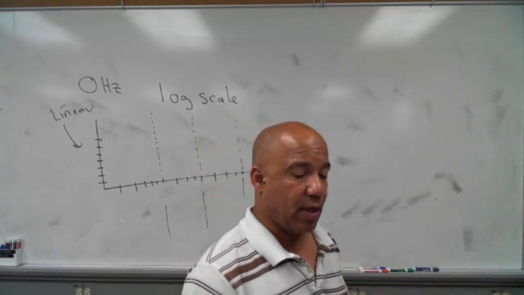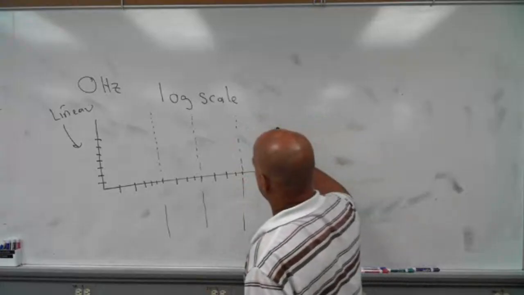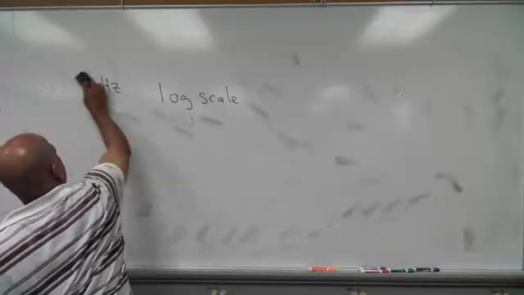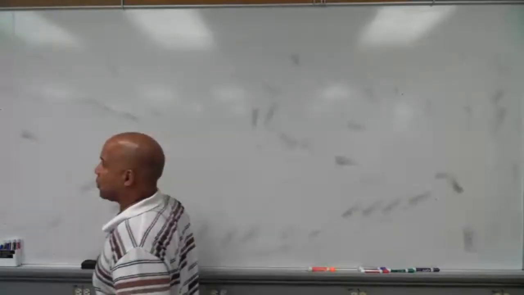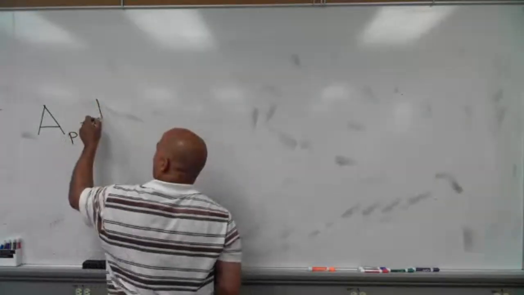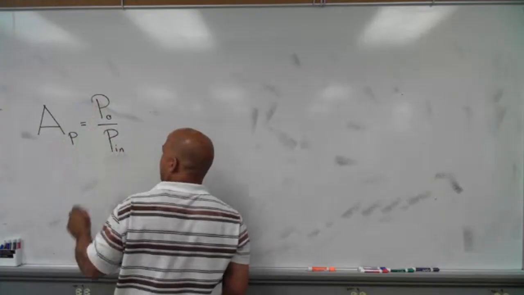So here's what they do. What we do is we get the power gain. Let me get rid of this. So I deal with the power gain. So the power gain would just be the output power divided by the input power.